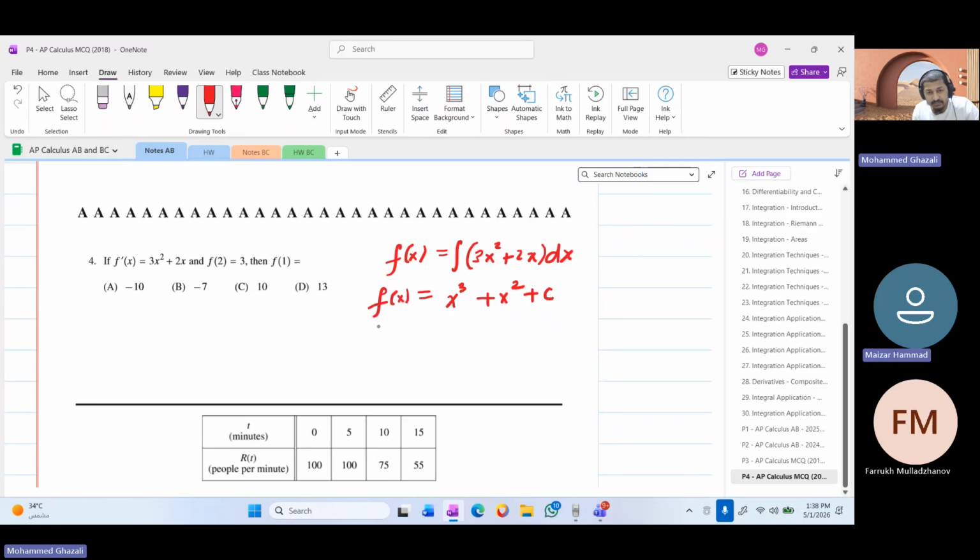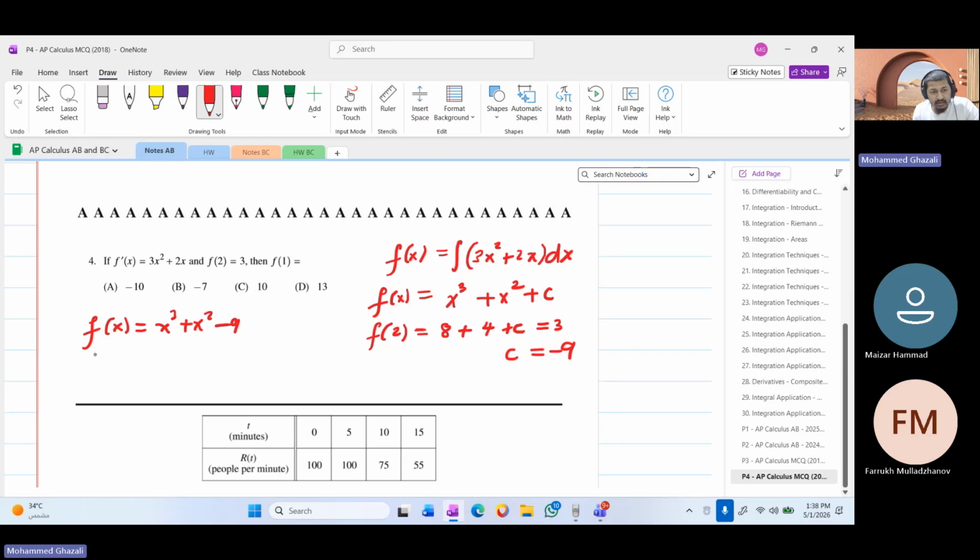f of 2 is 3, so 8 plus 4 plus c is equal to 3. That's 12, so 3 minus 12 is negative 9. So we got the full function f of x, which is equal to x cubed plus x squared minus 9.